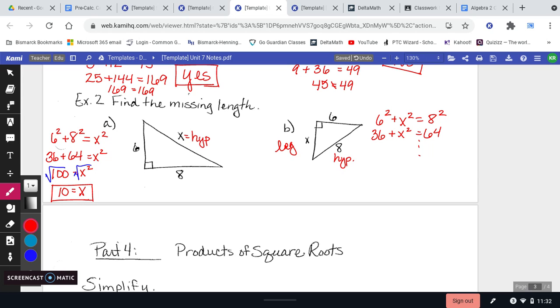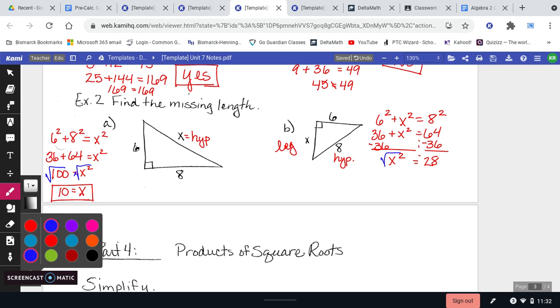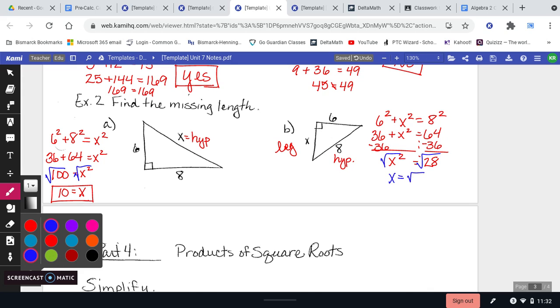To solve this one, I'm going to move my 36 to the right side, and x squared equals 28. When I do the square root, the square root of 28 is not a perfect square. So x is going to equal square root of 28. Is there something I can do to simplify it?